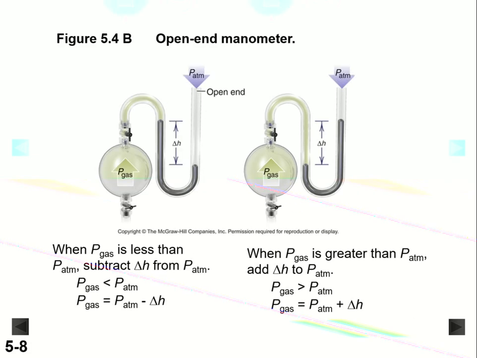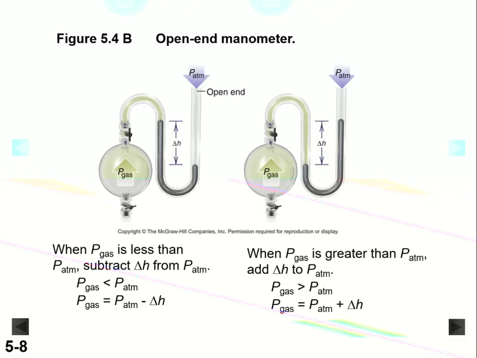Now, an open-end manometer is for reactions that are carried out near atmospheric pressure. In this case, the side away from your reaction flask, or your reaction volume, is open to the atmosphere. So you have atmospheric pressure on that side of the column of mercury. Inside your reaction vessel, this will create pressure.